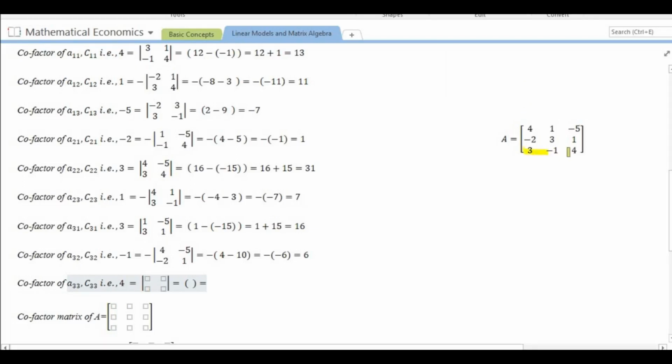After deleting the row and the column in which the element is present, we are left with 4, 1, minus 2, 3. 4 times 3 equal 12, minus times plus is minus. 2 times 1 is 2. 12 minus times minus equal plus 2, which is equal to 14.